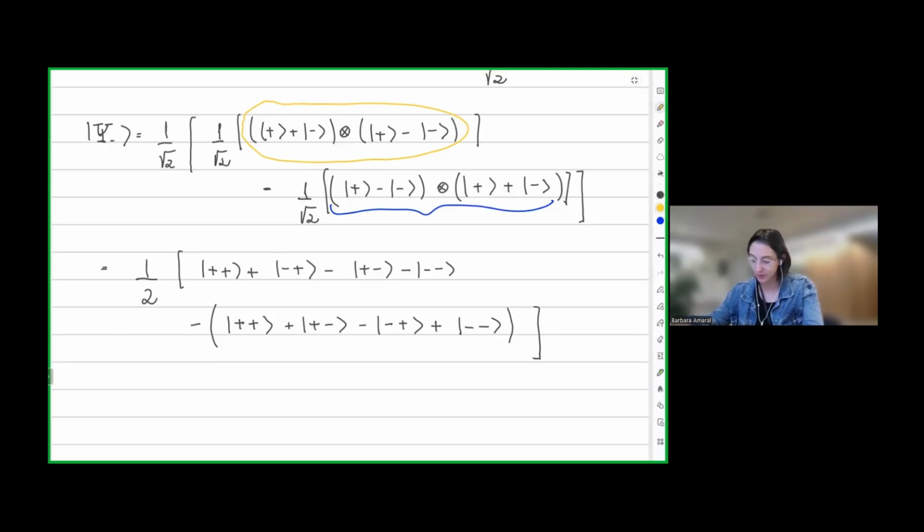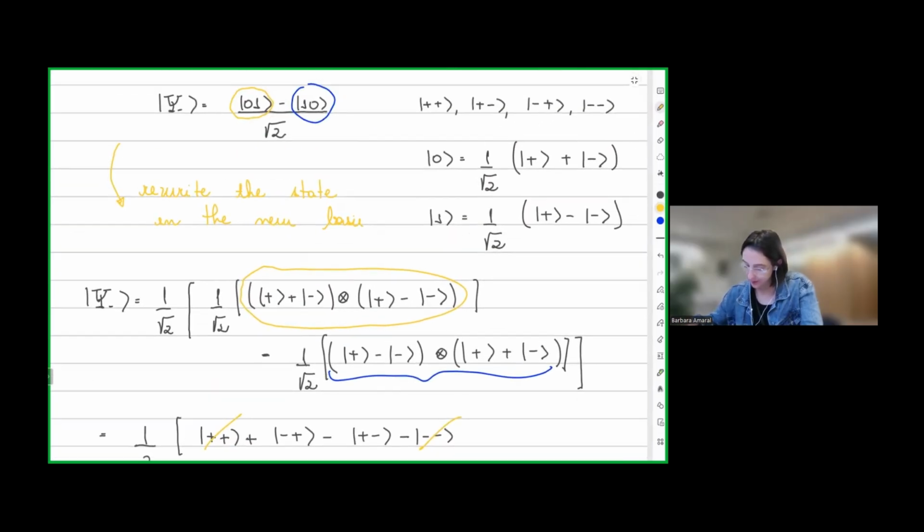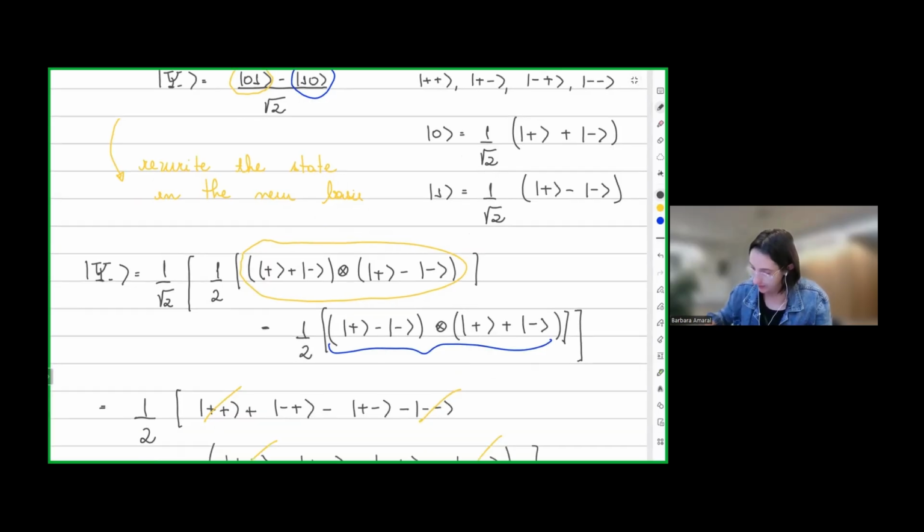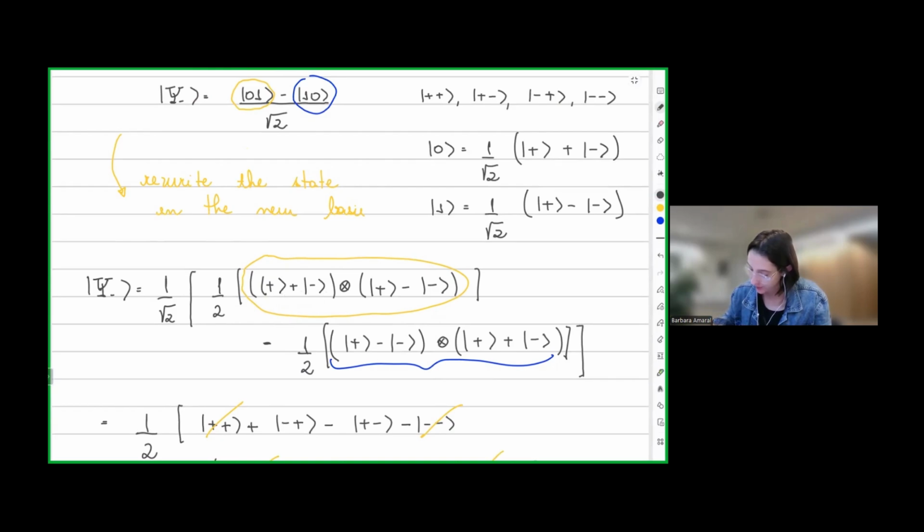Now some of those things are going to cancel. So this cancels with this. This should be a minus as well. So this cancels out with this. There's a square root of 2 missing somewhere. Here is the square root of 2 for one of these and another square root of 2 for one of these. So this is 2, because there's one square root of 2 for each one of the sides here.